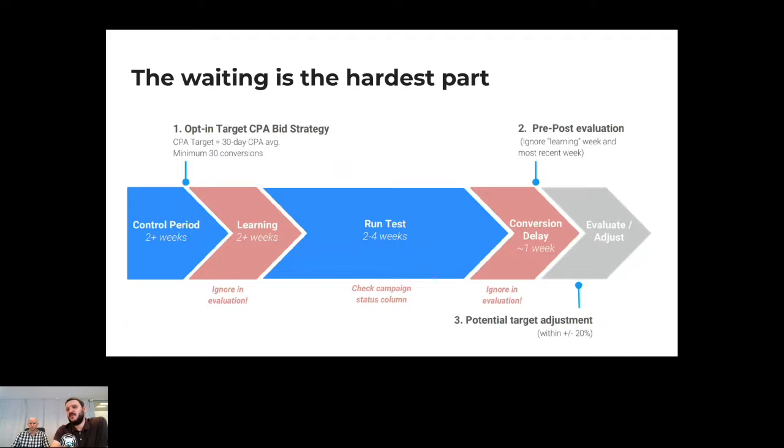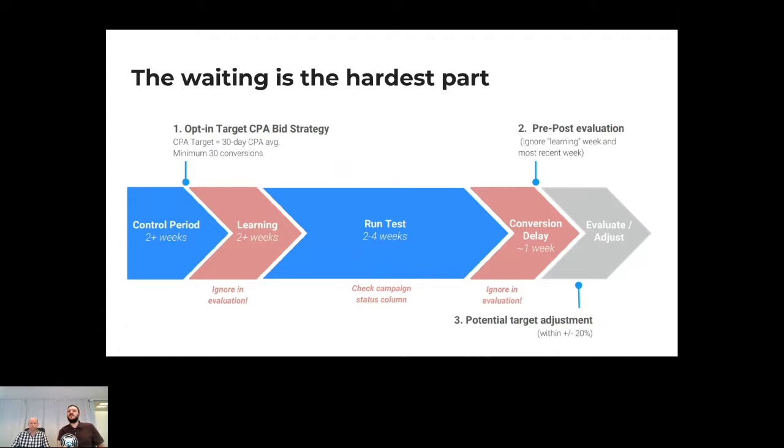And once these come in, so this is now 6 to 8 weeks, you need to then wait for the conversion delay. So if your free trial is a month, let's say, you need to wait another month so you have the revenue data in before you can make an educated decision.